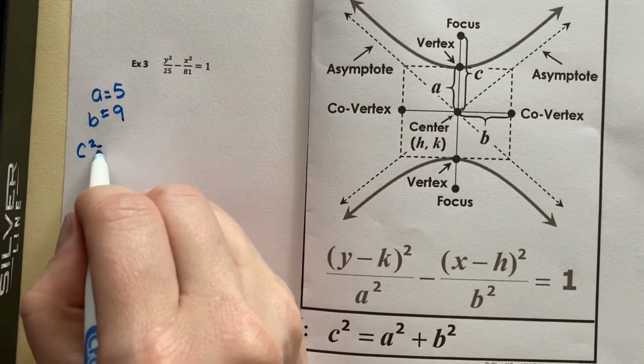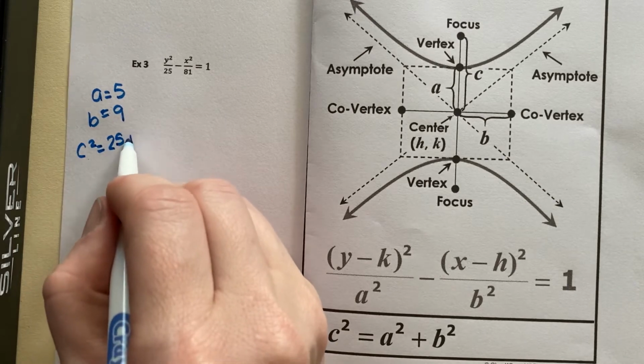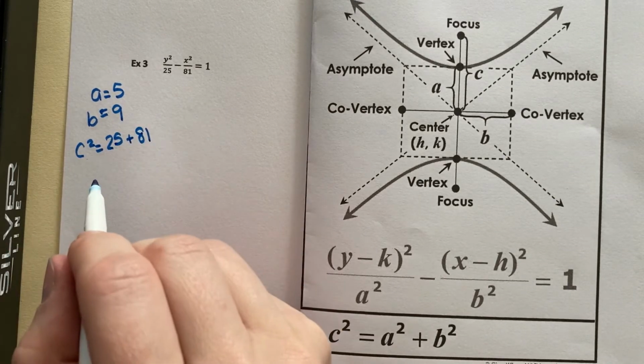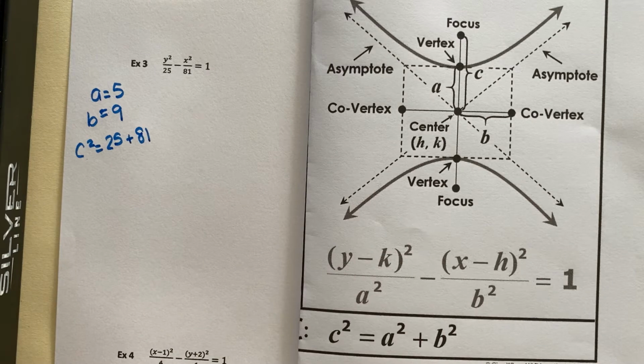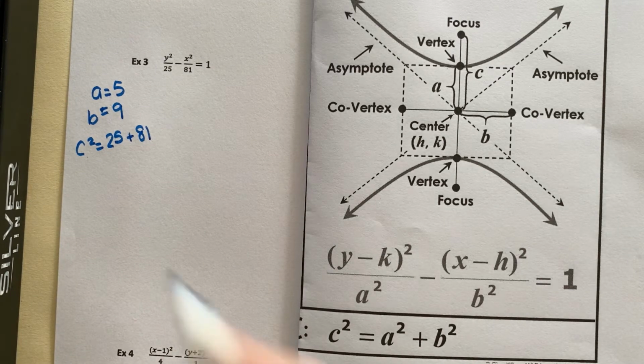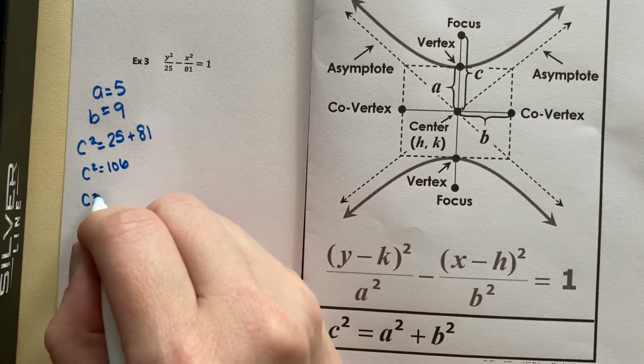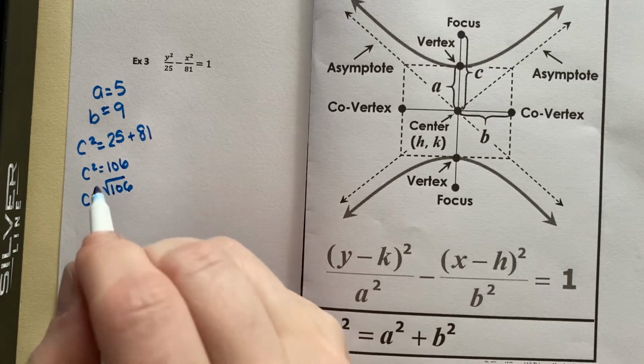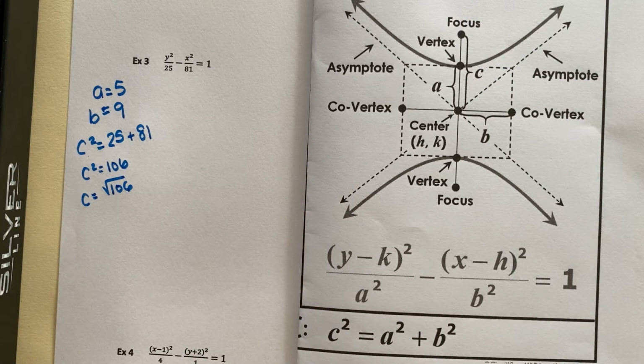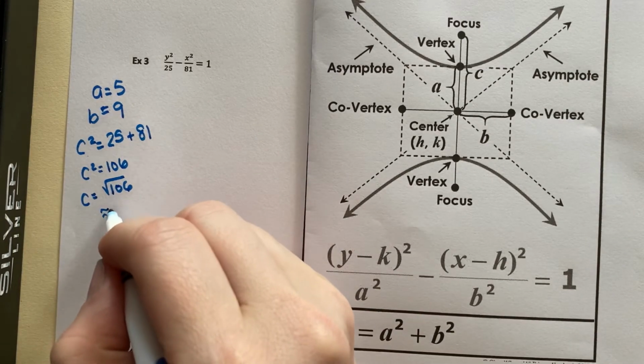C squared equals a squared plus b squared. That gives me 106. Okay, that's about 10.3.